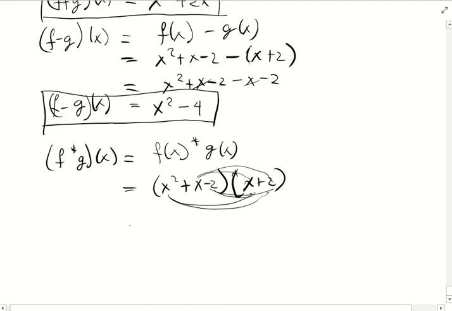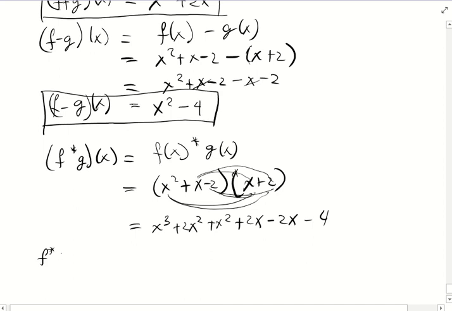Algebra. So this will be x squared times x, so x cubed. X squared times 2 plus 2x squared. X times x is x squared. x times 2 is 2x. Then minus 2 times x is negative 2x. Negative 2 times 2 is negative 4. Then simplify.